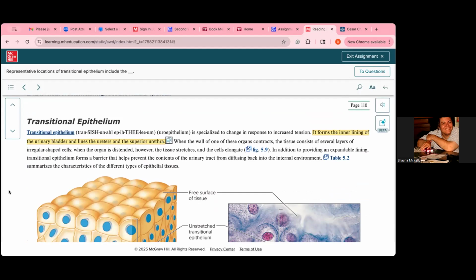It forms the inner lining of the urinary bladder and lines the ureters. That's the tubules that extend from the kidneys, and the superior urethra. So the urinary bladder, the ureters, and the superior urethra. Okay.